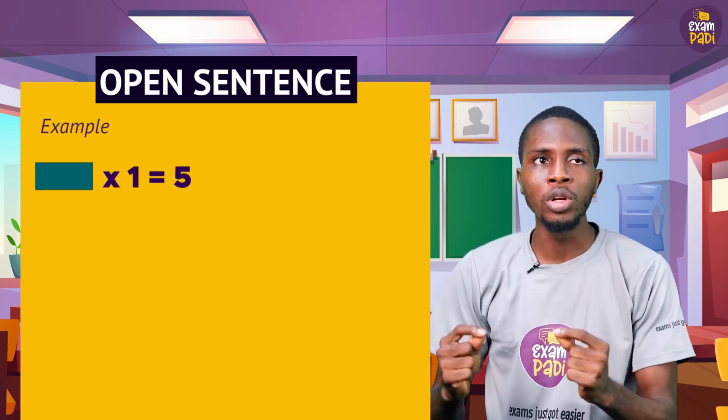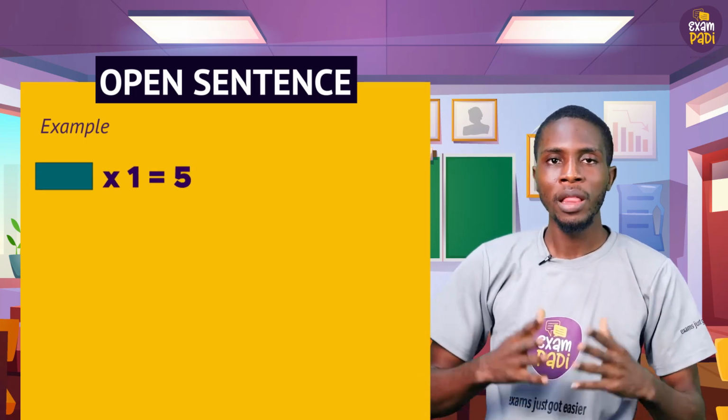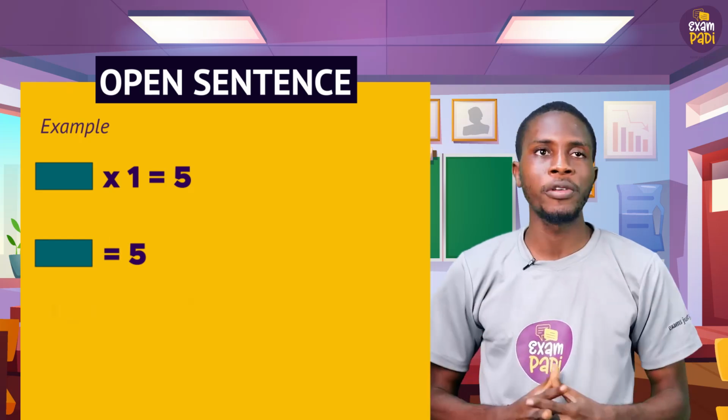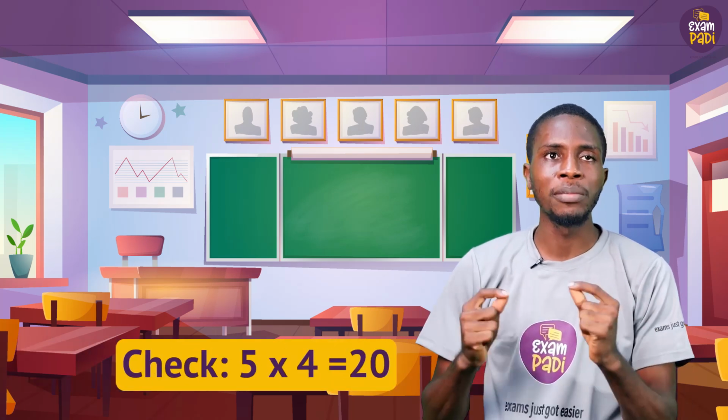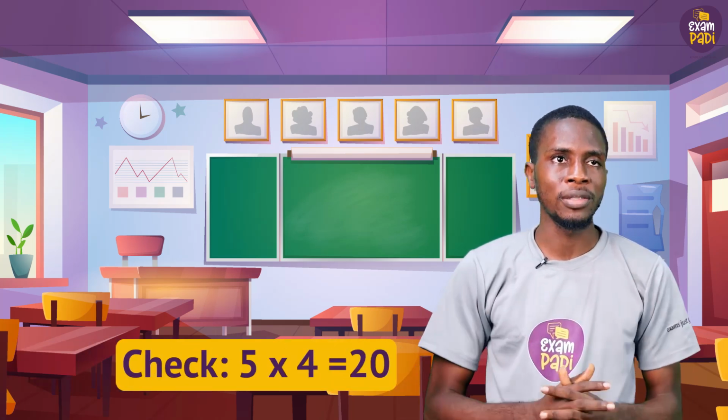Box multiplied by 1 equals 5. Therefore, box equals 5. Let's cross-check if our answer is correct or not. Insert the answer, which is 5, into the box. Therefore, we have 5 times 4 equals 20.